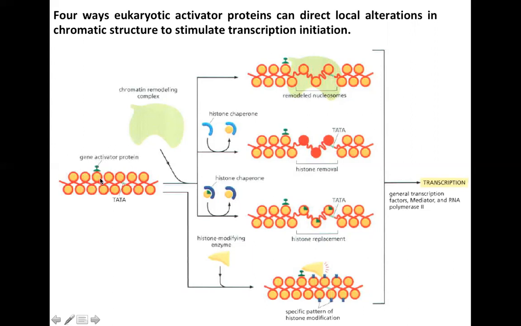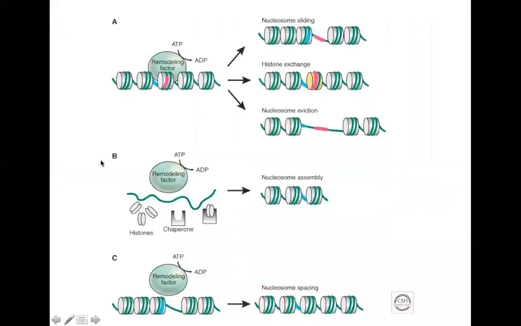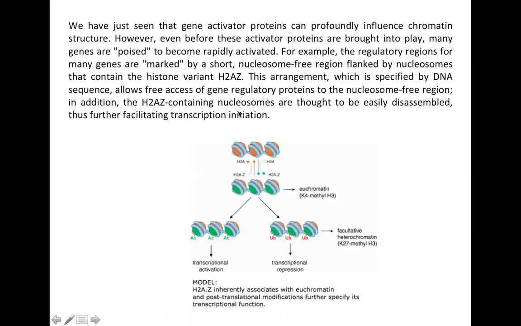For example, this region would be a nucleosome-free region so that the DNA is free and the activator protein can bind to it. So what are H2AZ variants? As I have told you, they're thought to be easily disassembled. They can easily be removed from the chromatin so that transcription can take place.